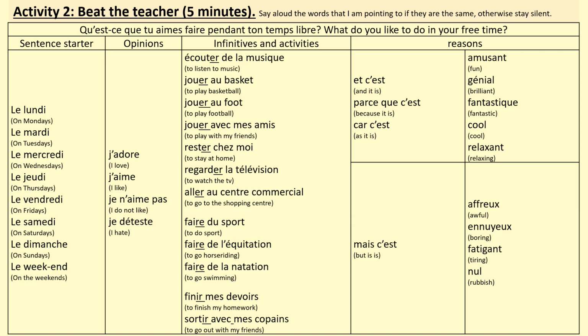If I say le mardi, and I'm pointing at le mardi, then you need to say it. If, however, I am saying le jeudi, and I'm pointing at le vendredi, then you mustn't say it.